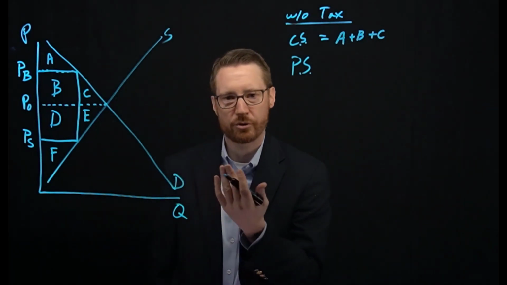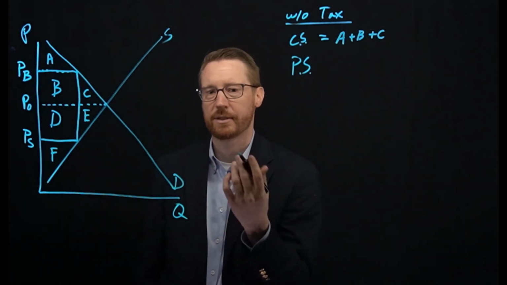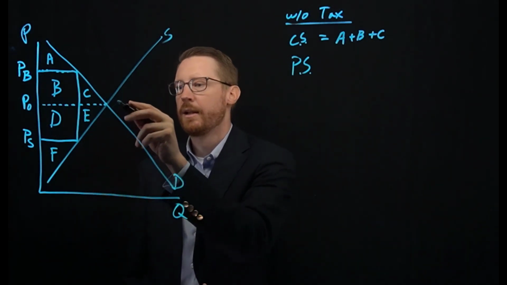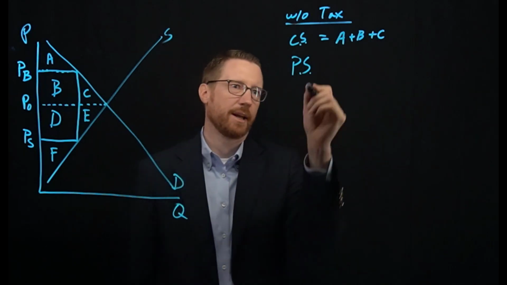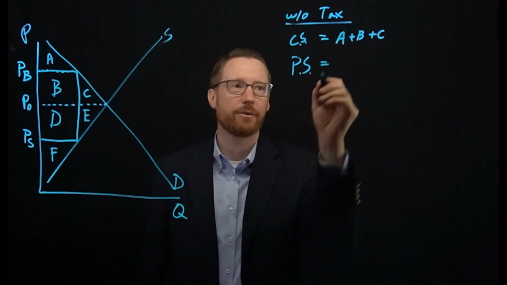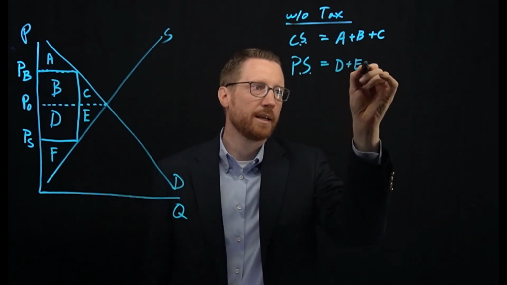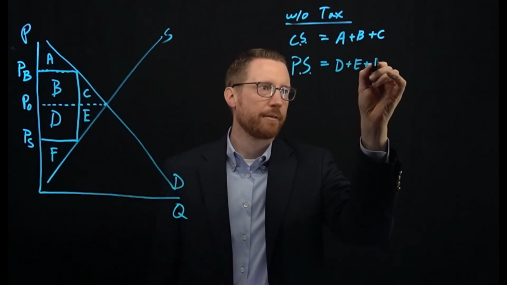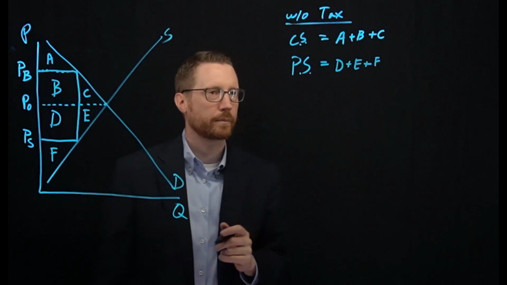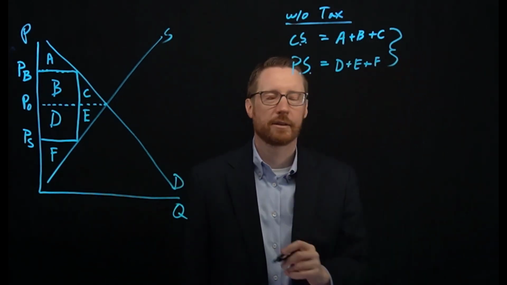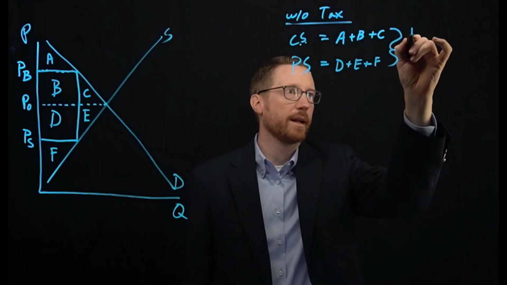What about producer surplus? Well, producer surplus is the difference between what a producer would be willing to sell at and the price that they actually sell at. So producer surplus without the tax is equal to D plus E plus F. So what's total surplus then? The total gains from trade.